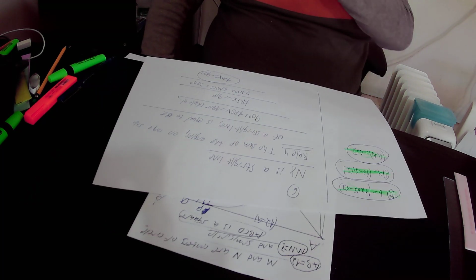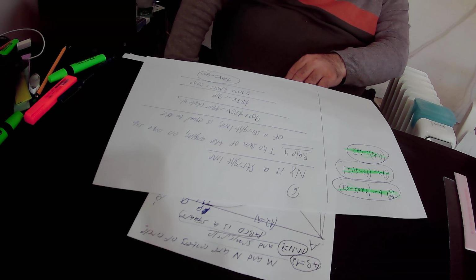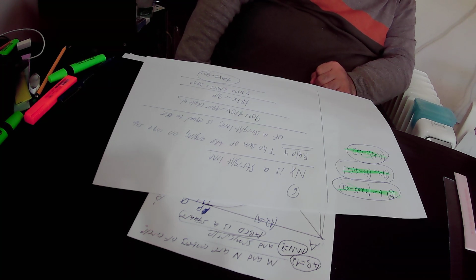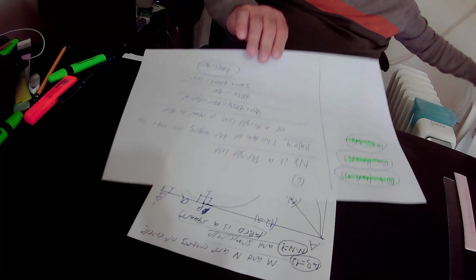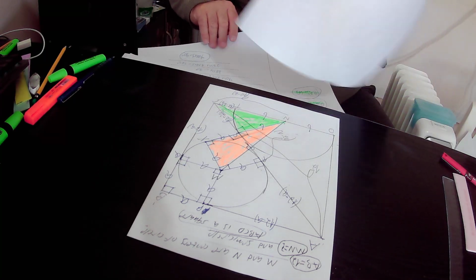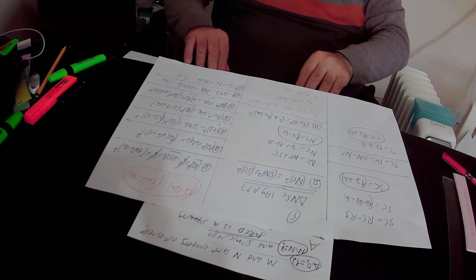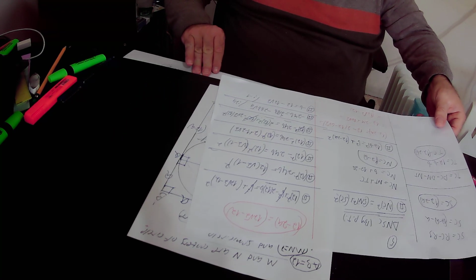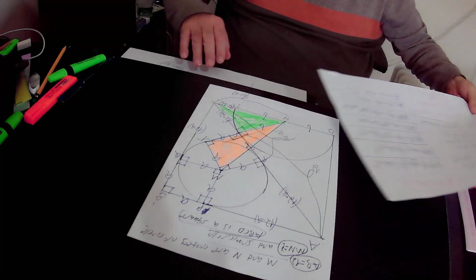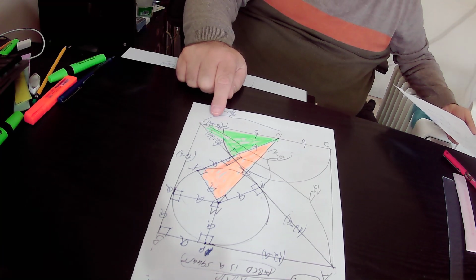And then here, actually we found out that this equals 12 minus 2b.